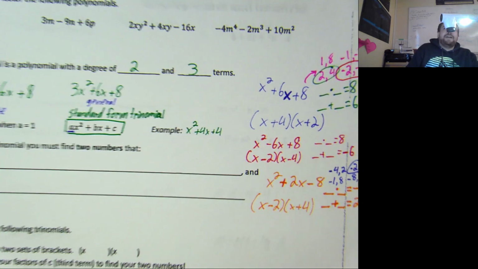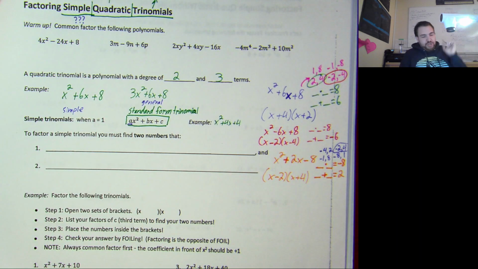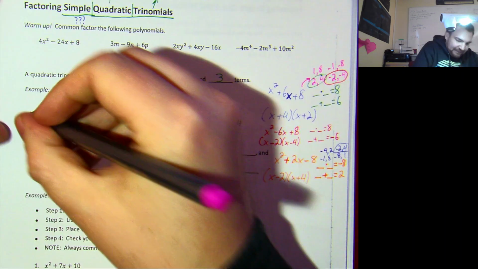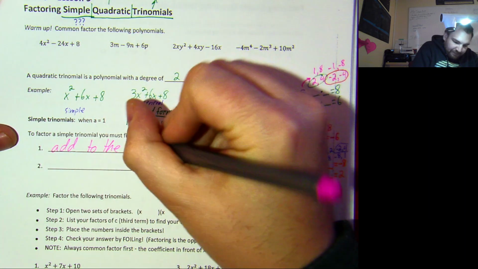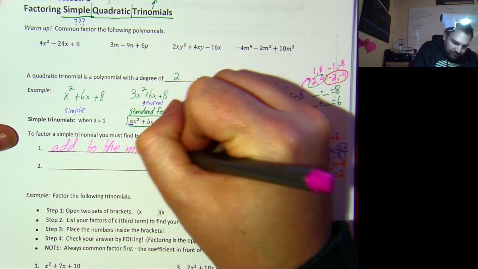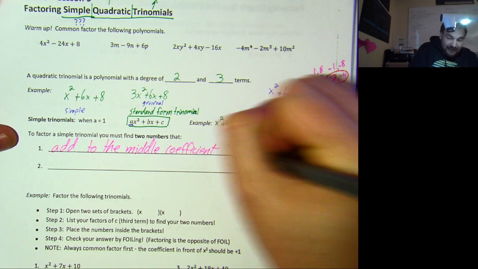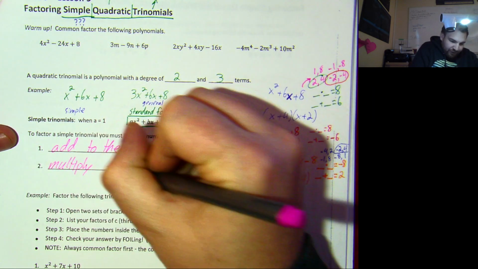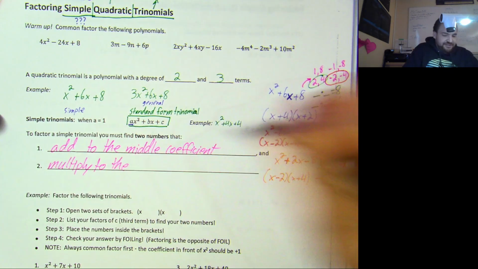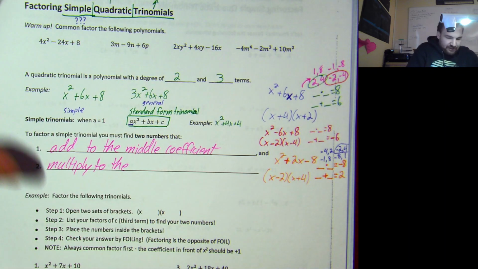You just did it. Now let's write it out. What have we done? To factor a simple trinomial, you must find two numbers that, we've established this already, add to the middle coefficient and multiply to the, now this is where things are going to get dicey, because it doesn't just have to be a constant term at the end, it could also be a coefficient.